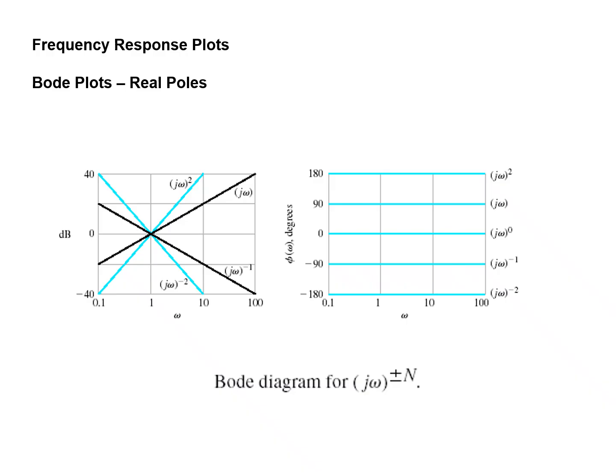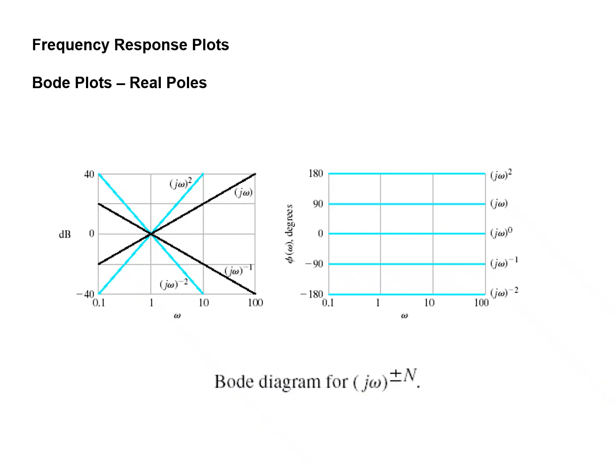Okay, this frequency response Bode plot, real pole. It is the Bode diagram for (j omega) to the power plus or minus n. Here is the effect of the power, and also there is the phase angle.